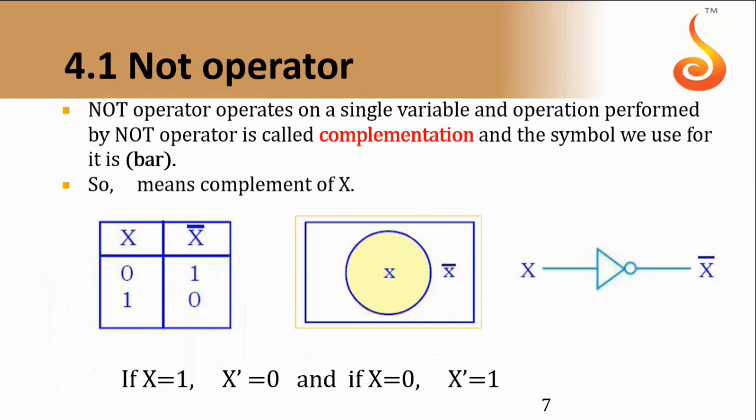If it is x, it is x bar. So if x is 0, the result is 1; if x is 1, then x bar is 0, because x can take only two values, 0 or 1, in Boolean algebra. This symbol is very important.